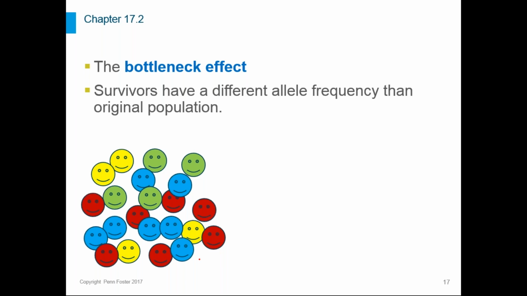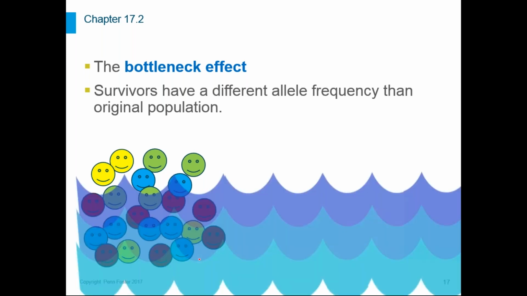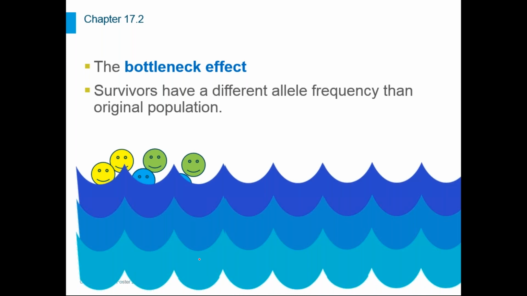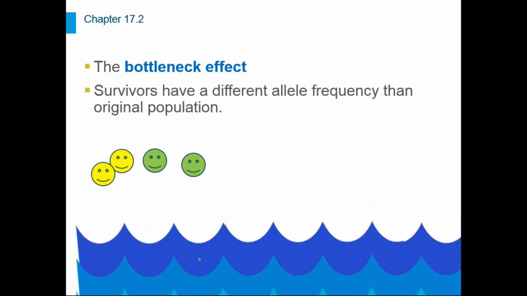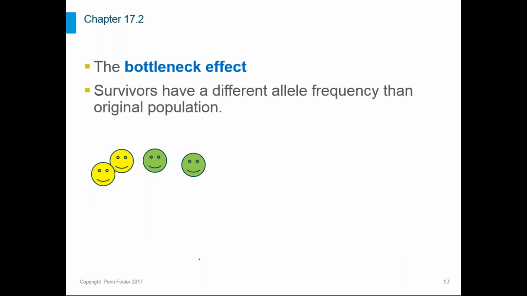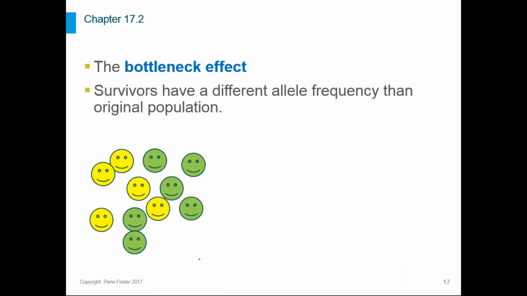Okay, so here's our population of red and blue and green and yellow smileys, and an event happens, in this case a flood, that's going to get rid of most of the population, and randomly this is what happened to be left, was our yellow and green. So they're going to repopulate, and now our whole population is going to be yellow and green. There's no red and blue left. So this is what happens with the bottleneck effect.